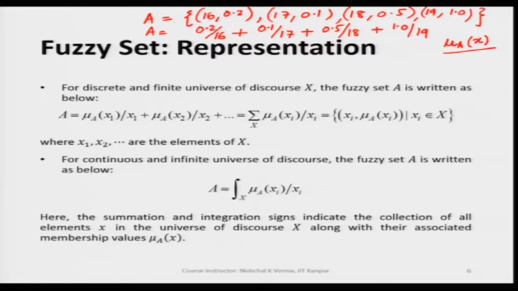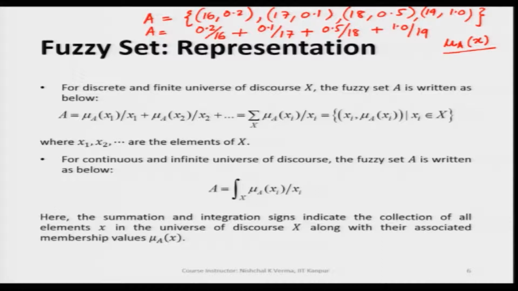So, the same fuzzy set which you see here can be written as A is equal to 0.2 oblique 16 plus 0.1 oblique 17 plus 0.5 oblique 18 plus 1 oblique 19. So, we see that we first write the membership value and then, with an oblique sign, a slanted line, we write the corresponding element.